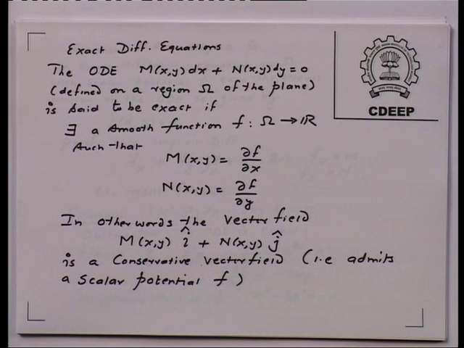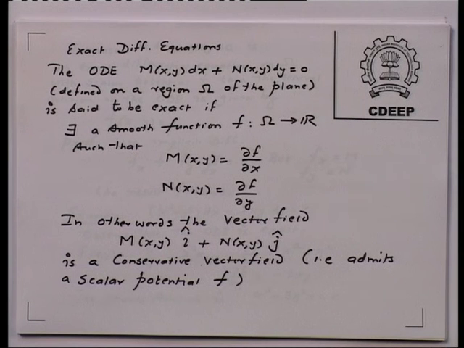I can state it in the language of vector fields: the vector field Mi plus Nj is a conservative vector field. That is exactly the same as the previous line. And the function f is the scalar potential.